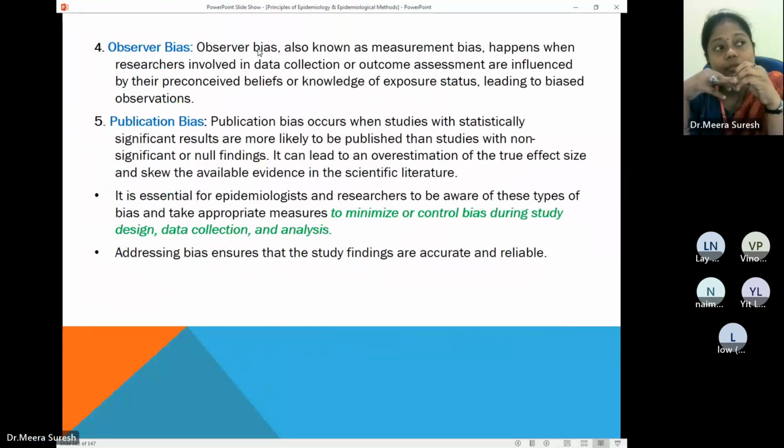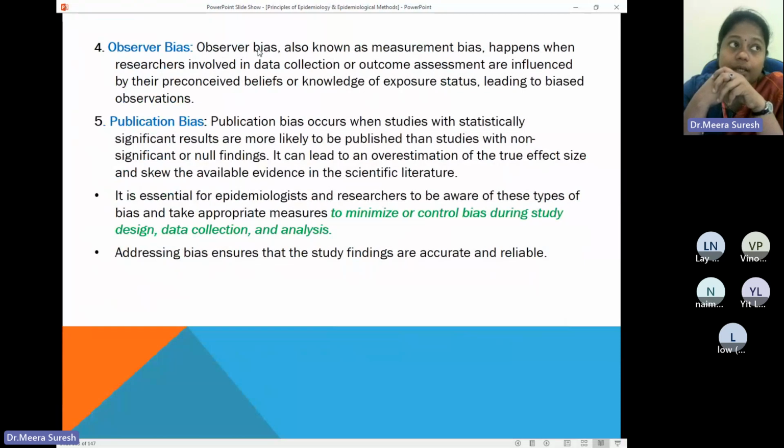For example, say you are observing how many youngsters are smoking. You're not going to any student and asking them, are you smoking? But what you do is stand near a school, and in that area there is a shop, a grocery or whatever, where cigarettes are sold.